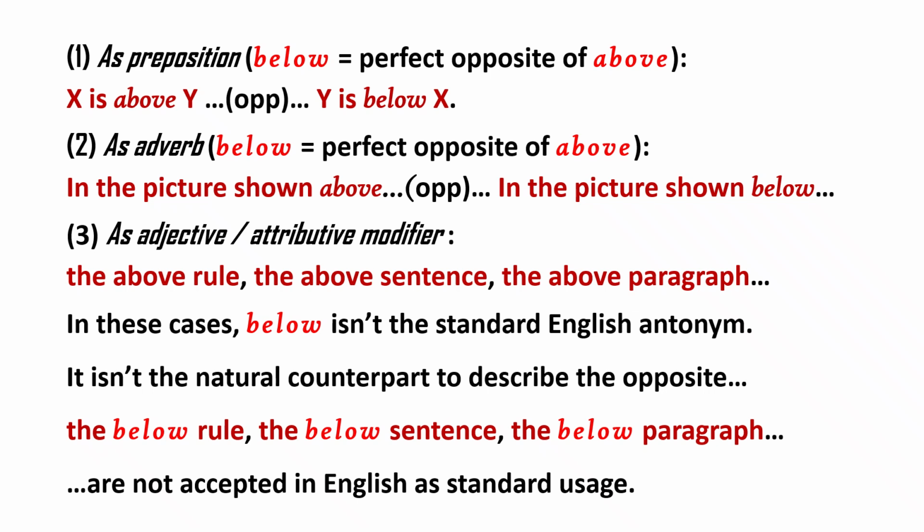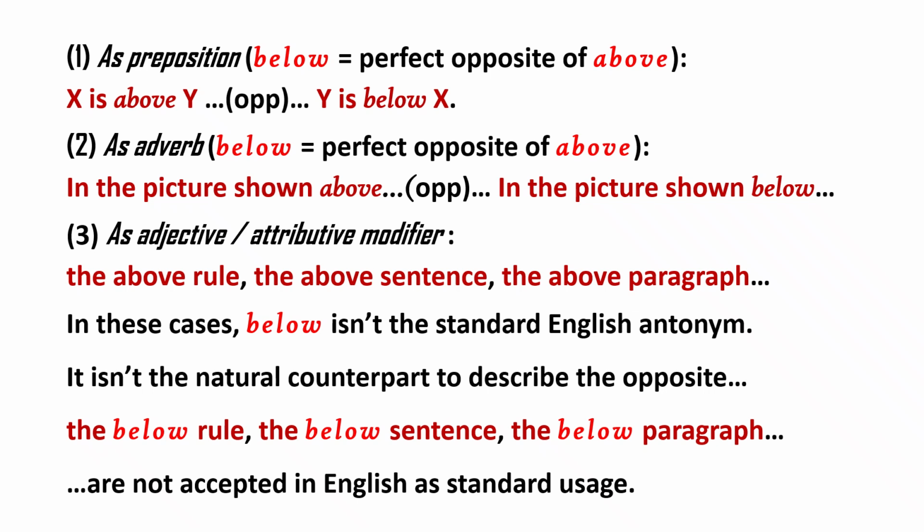Now comes the third use of above, as adjective or attributive modifier. We see the above rule, the above sentence, the above paragraph. So we are using it as adjective. The word above is used as attributive modifier or attributive adjective. Now in these cases, you cannot use below.